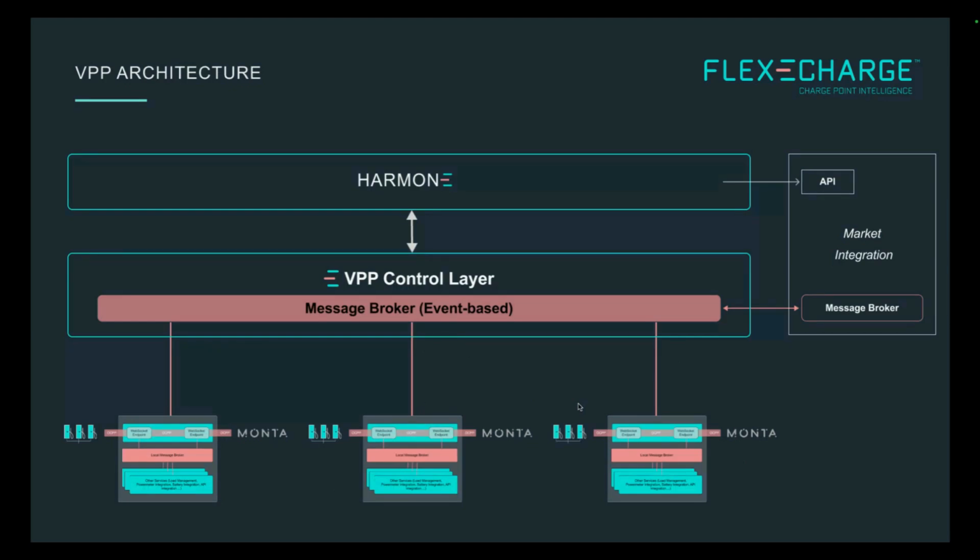With this central message broker, we are able to aggregate sites, so local microservice stacks, and at the end of the day, hardware chargers, into VPPs, and control, for example, for a number of sites, what the maximum charge power should be, or the current load on like 1,000 chargers separated over 100 sites.